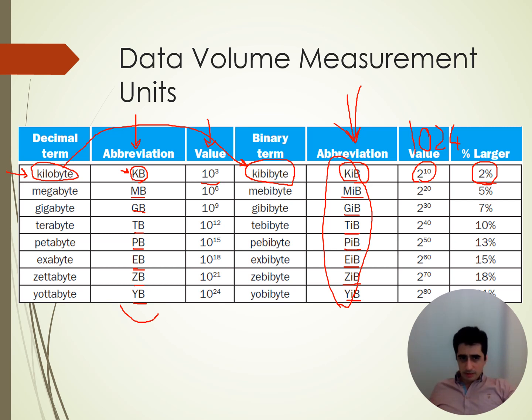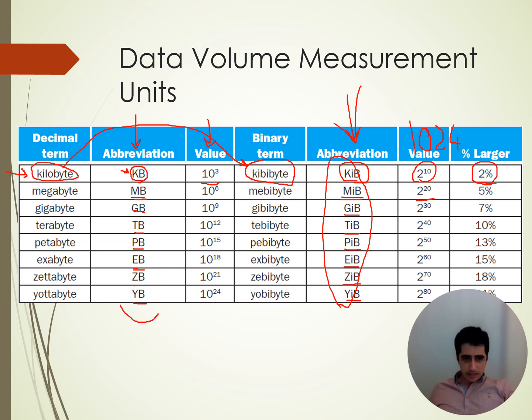Then in the second row, you see megabyte and mebibyte. Megabyte is 1,000,000 bytes. Mebibyte is 2 to the power of 20 bytes, which is around 1,050,000 bytes.